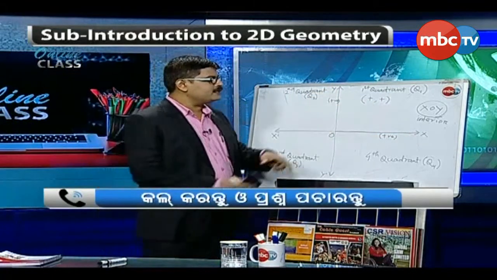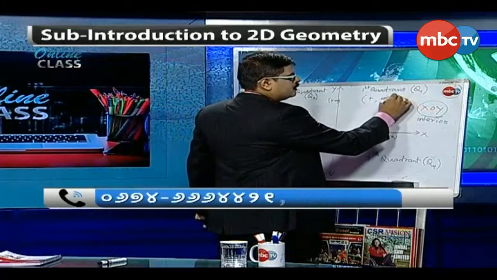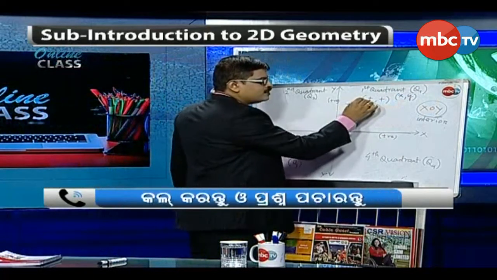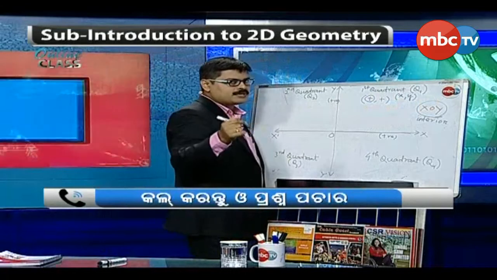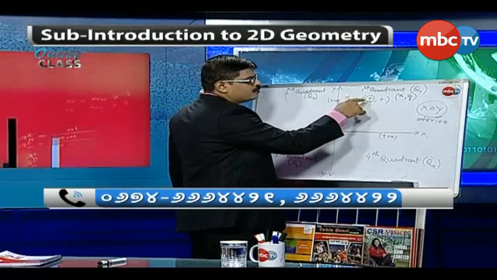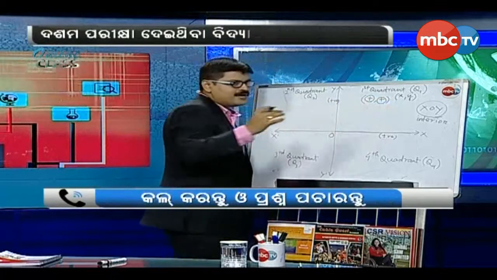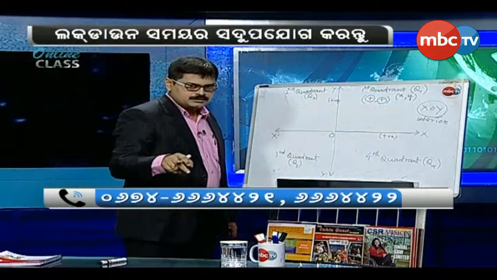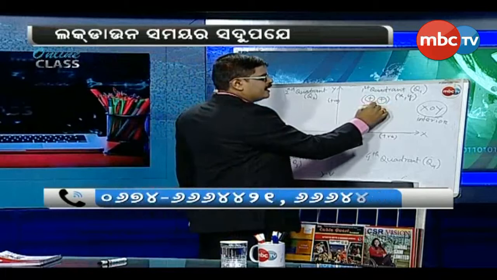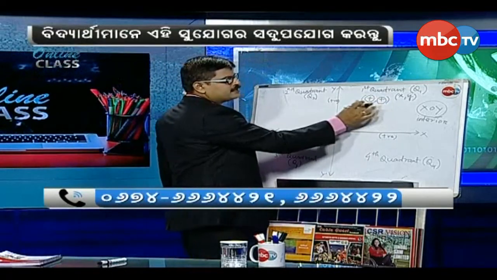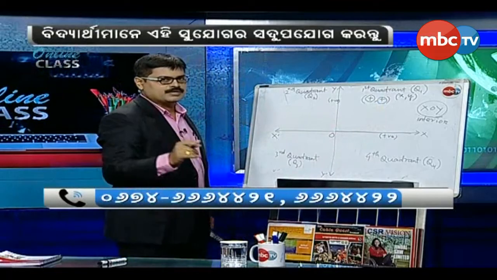We represent a point in the form of an ordered pair xy, so both the coordinates should be positive in sign in first quadrant.